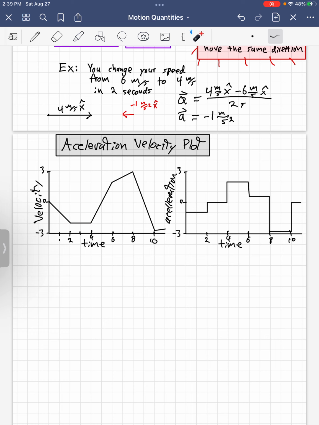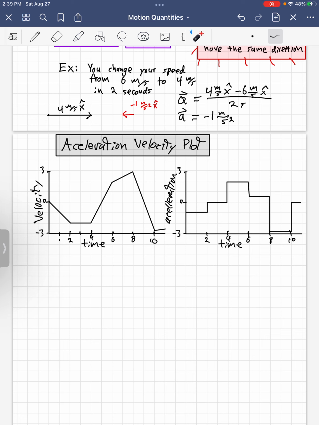So what can we say about the acceleration? You can see velocity here is decreasing, which means our acceleration is going to be negative. So initially we have an acceleration of -1. And here our velocity is staying the same, which means over this time period we're going to have an acceleration of 0. So if we're not accelerating, our velocity is staying the same.